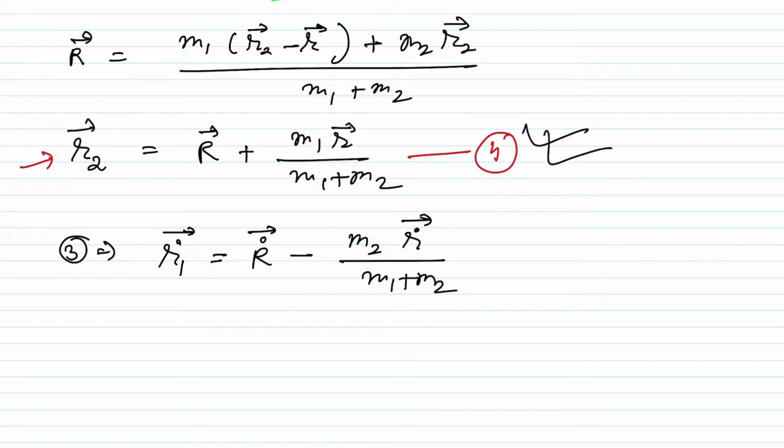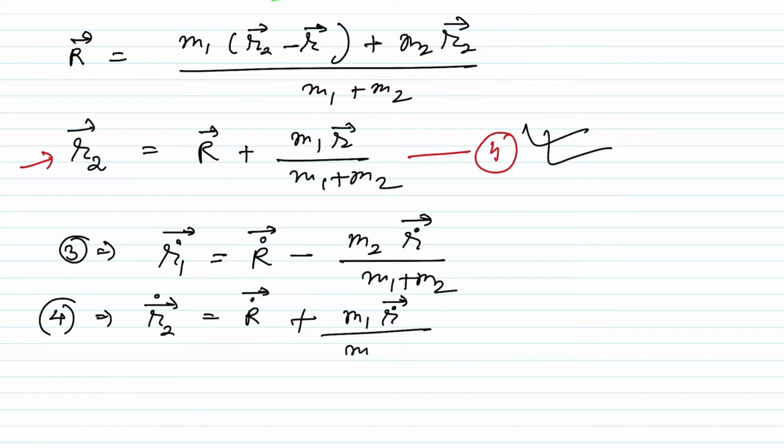Then from equation number 4, if you find the derivative with respect to t, you will get r2 dot vector equal to R dot vector, derivative of R, plus m1 r dot vector by m1 plus m2, and this pair of equations let us consider as equation number 5.